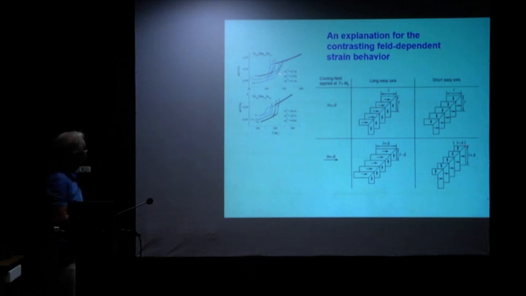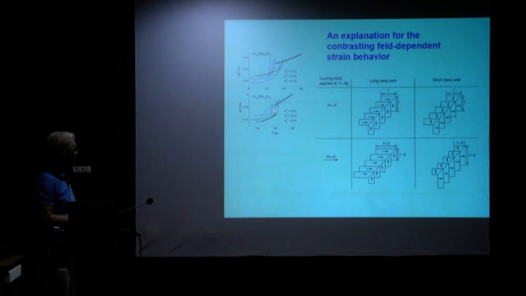Now, in the case of nickel manganese tin, we are getting a large change along the field direction as we increase the field. So as we increase the field, this is getting shorter and shorter, so the difference between this and this is getting larger and larger. Okay?